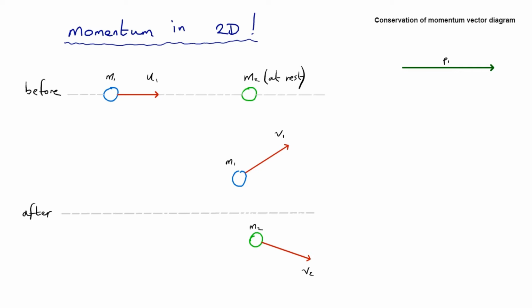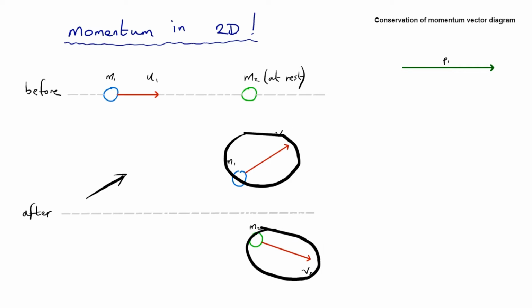Well, that has to be equal to the vector sum of the momenta of the bodies after the collision. In other words, when I grab these two here and add those vectors together, which is going to look something like this, that has to amount to the same thing as p1 in the sense of vector addition.